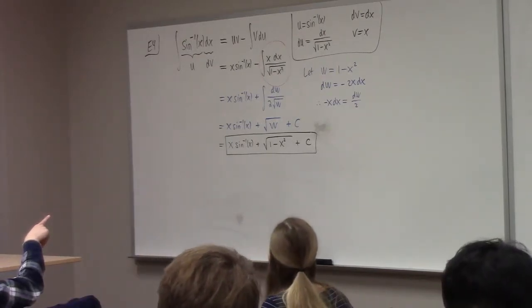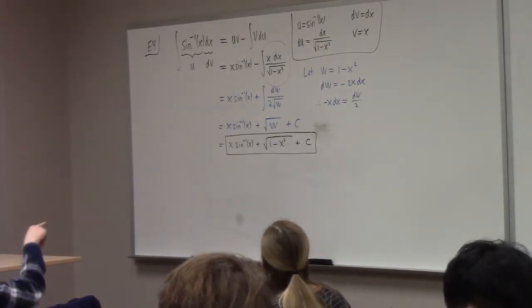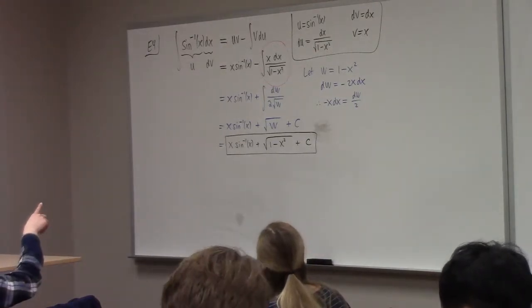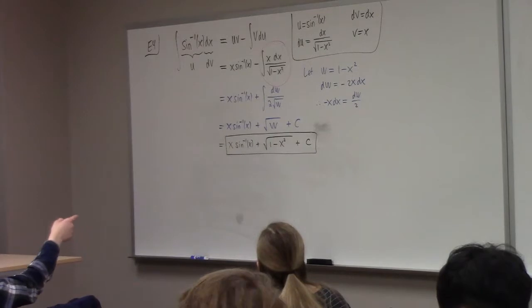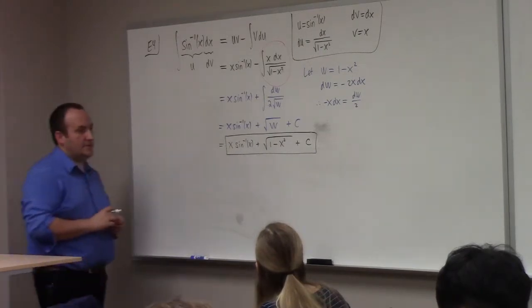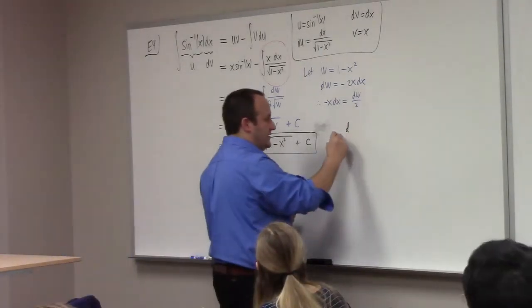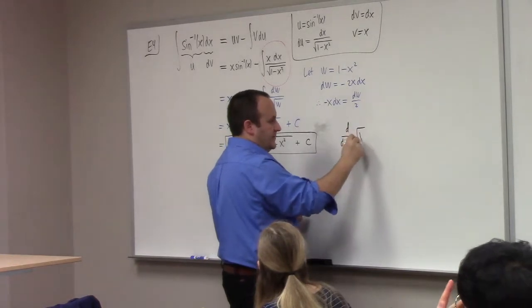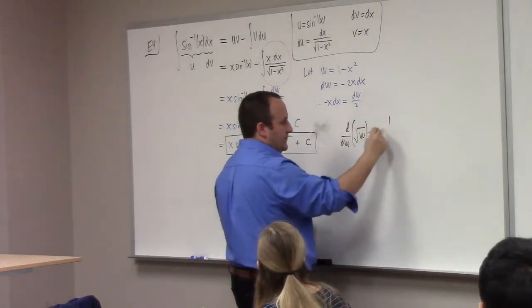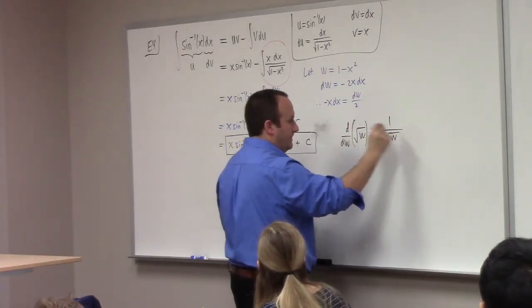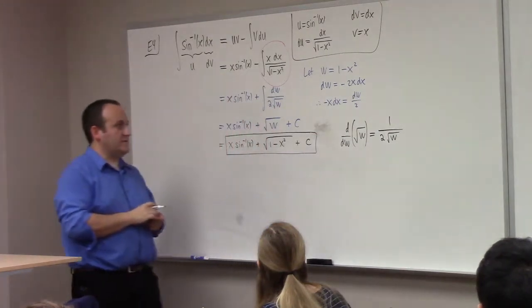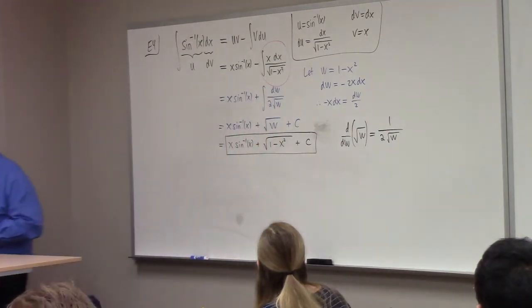What's the integral of 1 over the square root if you have it over there as dw over 2 square root of w? The thing is, d/dw of the square root of w is 1 over 2 times the square root of w. So if I want to integrate 1 over twice the square root, it's just square root.